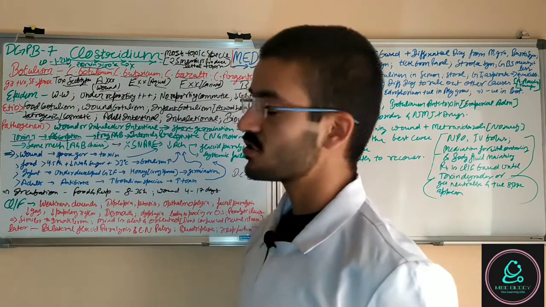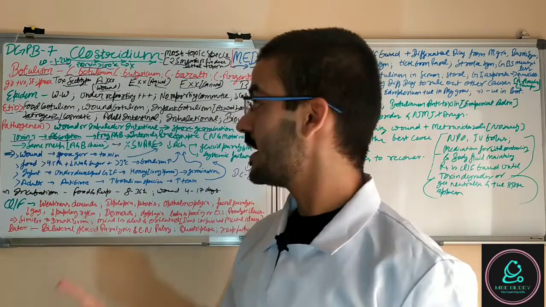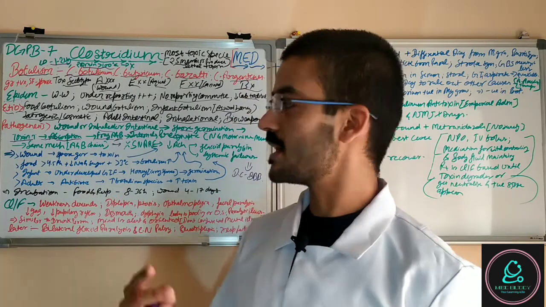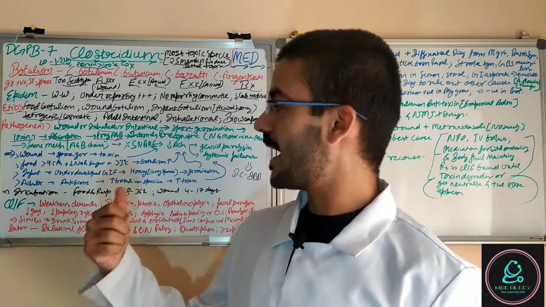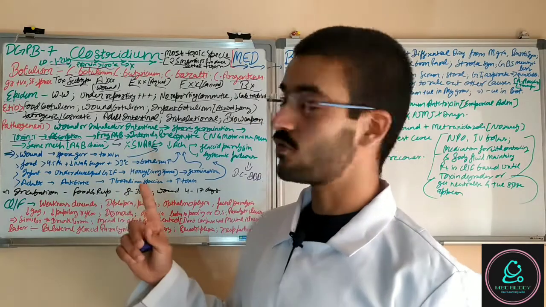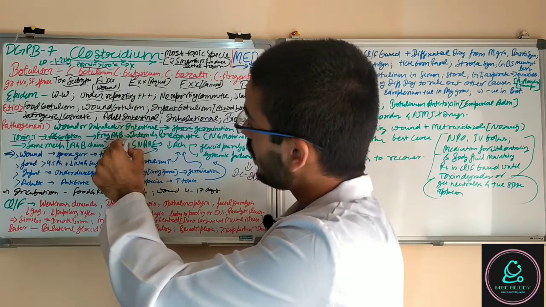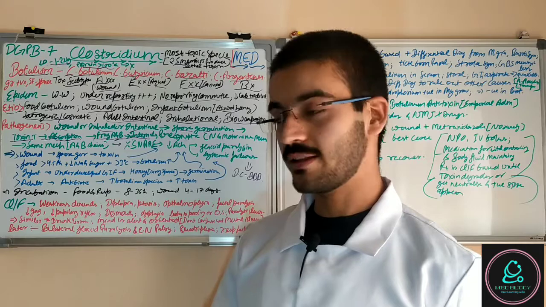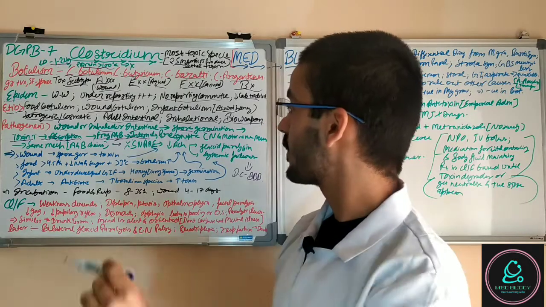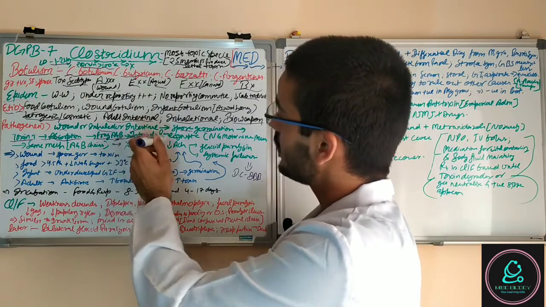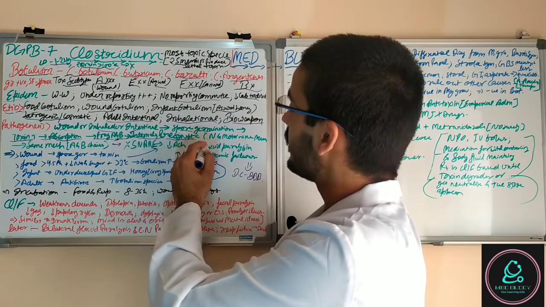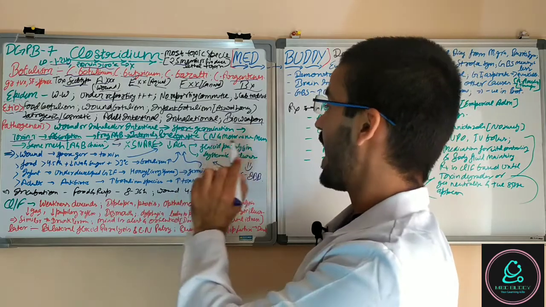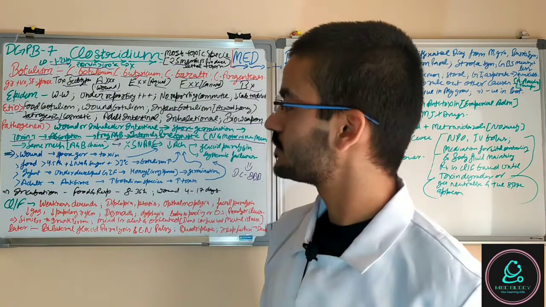It has a similar structure to the tetanus toxin. It also carries fragment A and fragment B of the same weight, that is 50 kilodalton for A and 100 kilodalton for B. Then it will get internalized the same way that tetanus toxin entered. After internalization, it will enter the presynaptic membrane of cranial nerves and motor nerves.